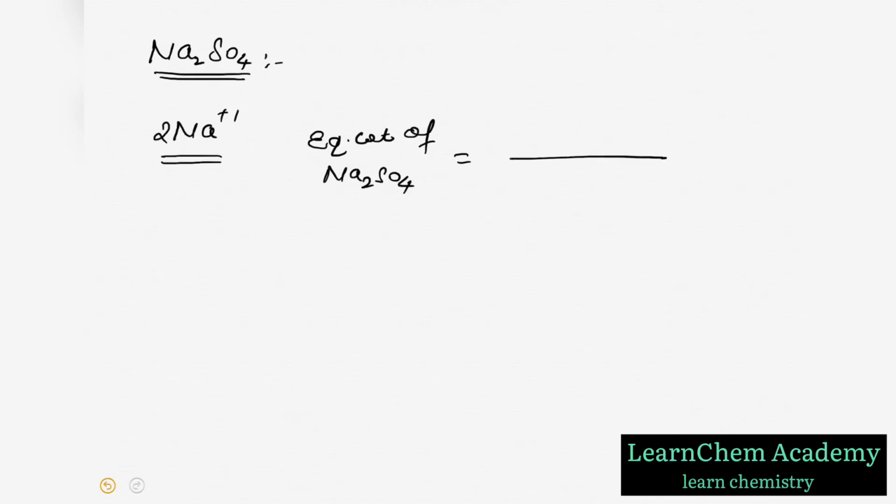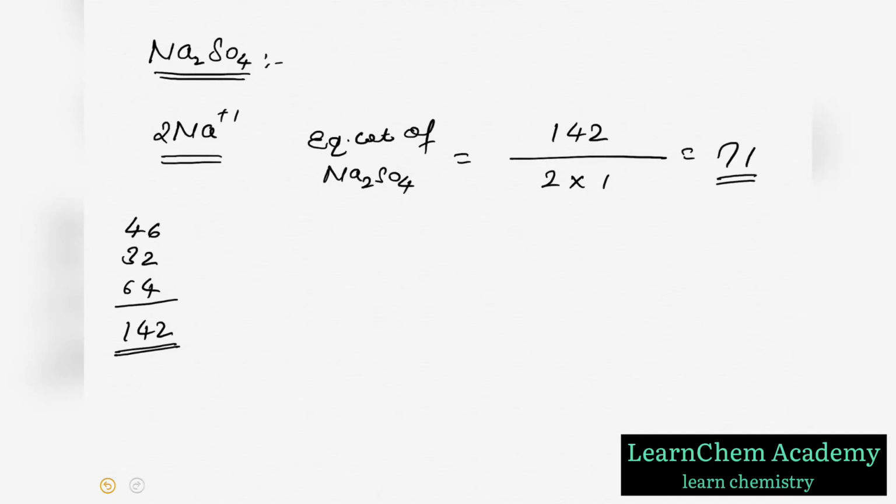Here we have two sodium atoms, so 23 plus 23 it will be 46, one sulfur is 32 and 4 oxygen is 64. So we will get 142 is the molecular weight of Na2SO4. Its number of metal ions is 2 and their valency is 1. So we will get here 71 is the equivalent weight of Na2SO4.